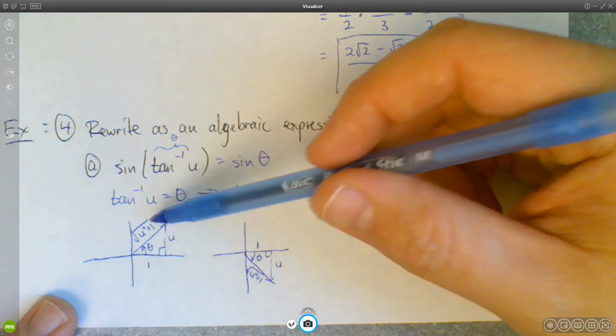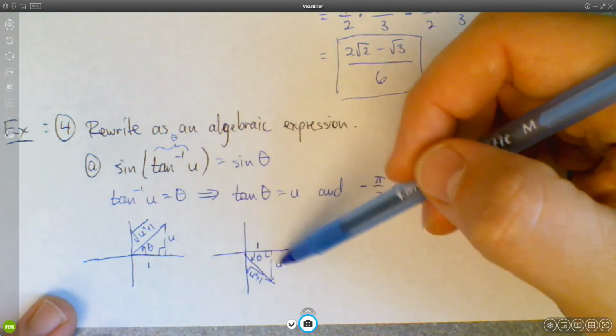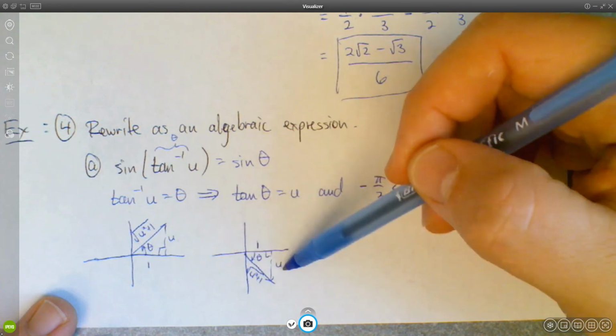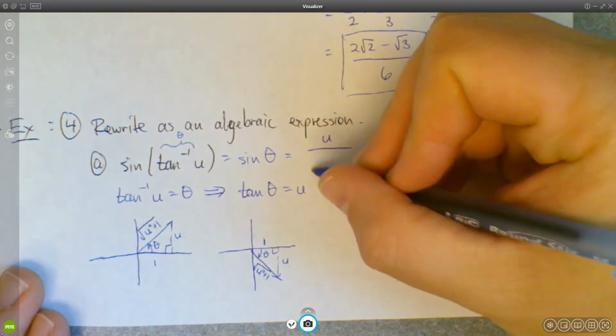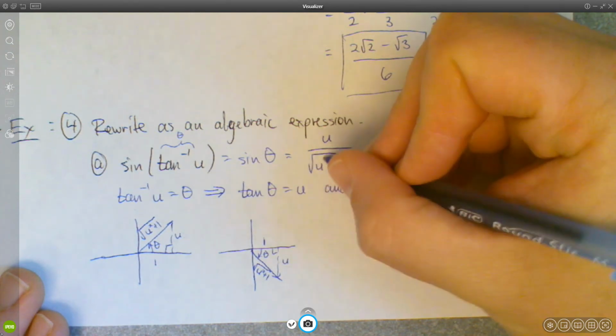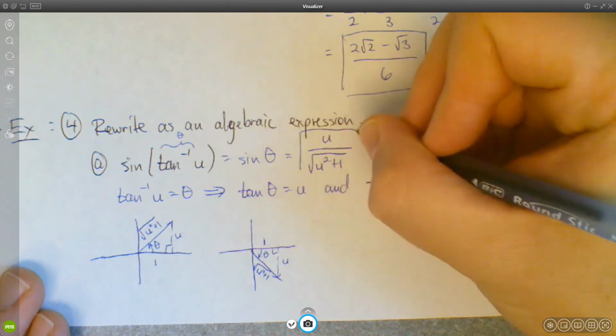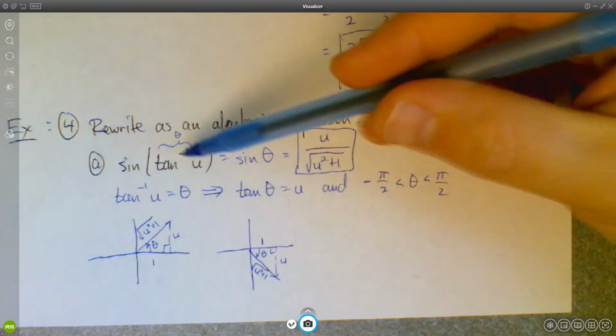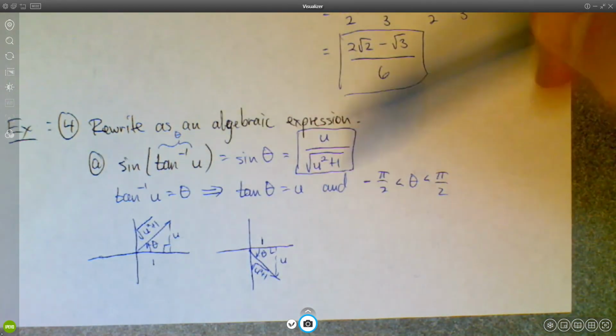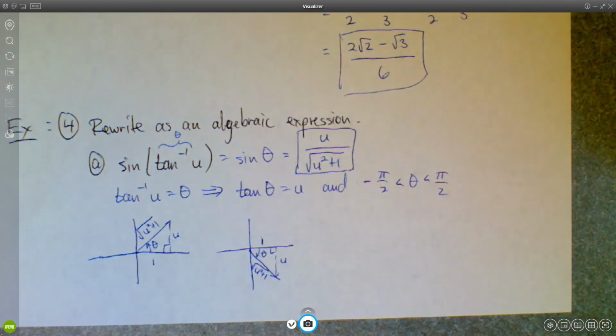That's u over square root of u squared plus 1. Okay? So sine of tangent inverse of u is always just u over square root of u squared plus 1.